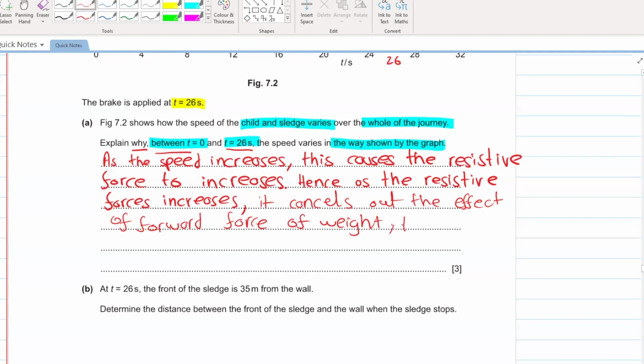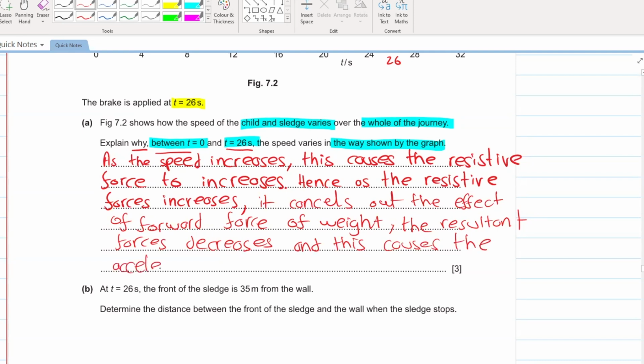The resultant force decreases, and this causes the acceleration to decrease. Simple as that.